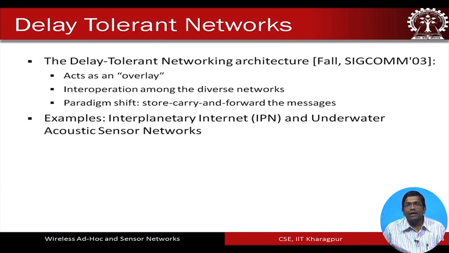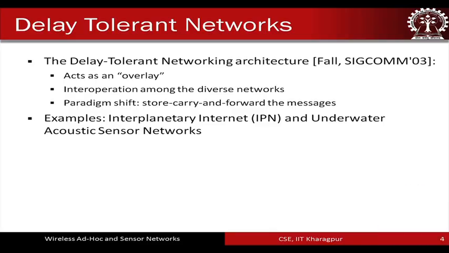There are a lot of end to end latencies, much higher than what is exhibited by similar kinds of networks on the surface of the earth, that means terrestrial networks, and there is not only a lack of end to end connectivity, there is a lot of error. These networks are very much error prone and so on. So, there are actually a lot of different challenges, and in these networks again that store carry forward kind of mechanism is more suitable.